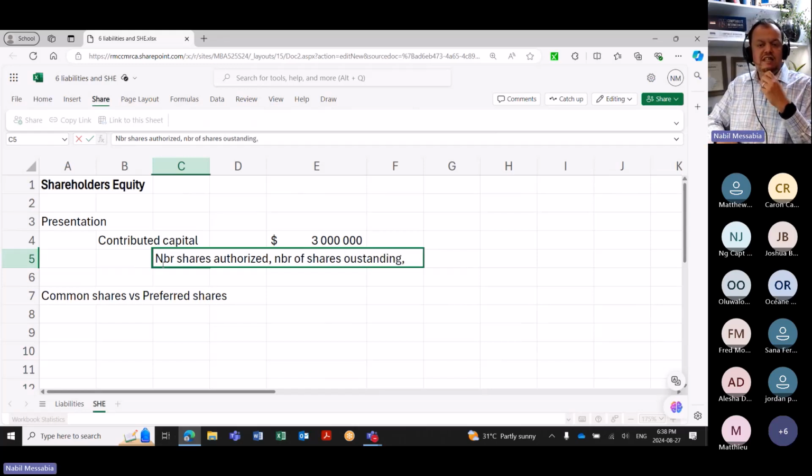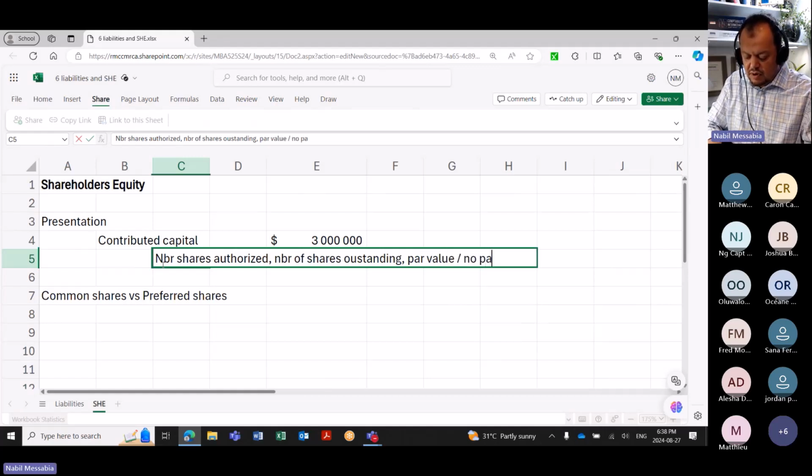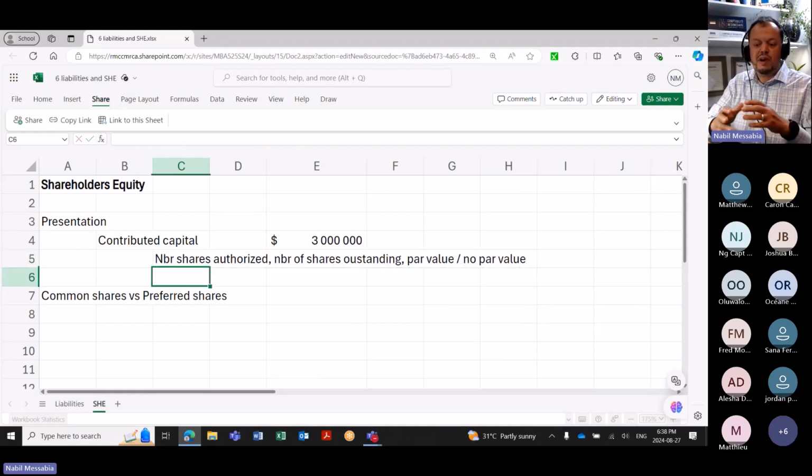We also indicate if the shares are issued at par value or no par value. You remember the par value in the bonds? Same thing. But in the bonds, it is necessary, okay?